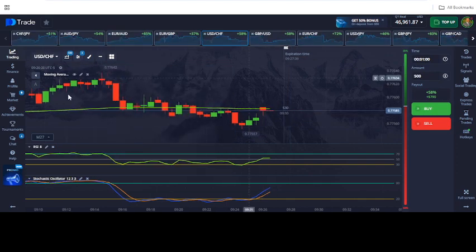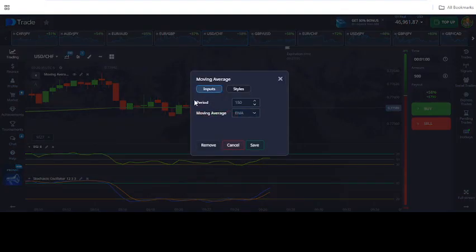I have all three indicators set up here on the charts. For my moving average setting, if I click on the pencil icon, I have the period set to 150 EMA, or exponential moving average. In the style settings, I've increased the line width to 2 pixels for the main line here.